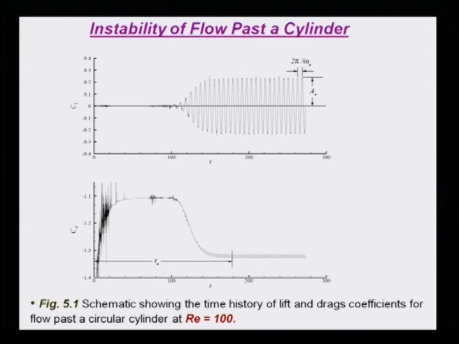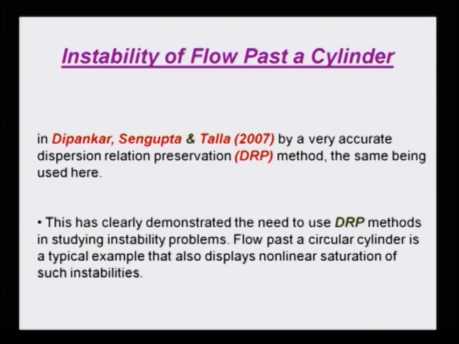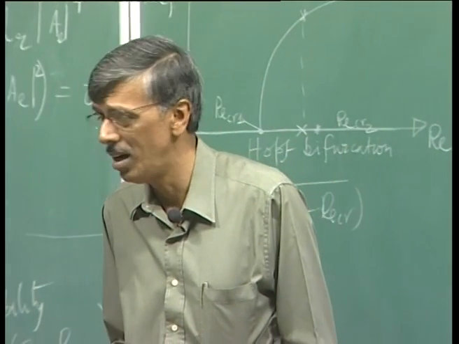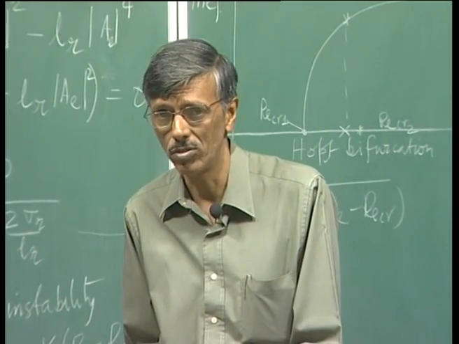Okay. So, this was a post critical Reynolds number calculation result, and we have already talked about this dispersion relation preservation method which we have used, and we should actually use all these dispersion relation preservation methods in studying instability problems, because we have by now convinced ourselves that instabilities are governed by the dispersion relation.